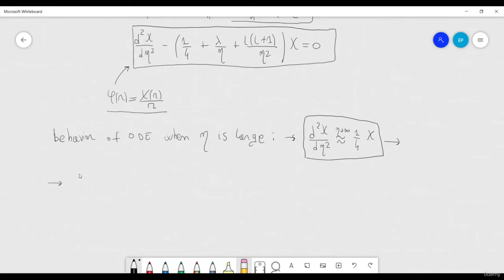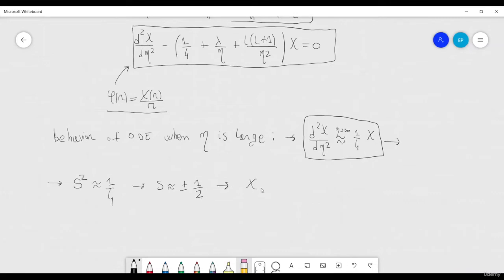In particular, instead of writing the second derivative, I will replace it by s squared, and in place of the zero order derivative, which is the function itself, I will just replace 1. So s squared will be approximately equal to 1 over 4. And this will give you s approximately equal to plus or minus 1 over 2.